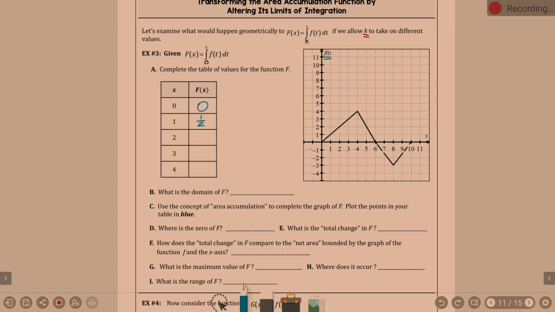Okay, 2. We're going from 0 to 2. What do you know about 0 to 2? A trapezoid. Or you can make it a bigger triangle. Oh, I see what you guys mean, okay, thank you. So we have options here. You could say we had a triangle here, now I have another trapezoid here, that should be more.